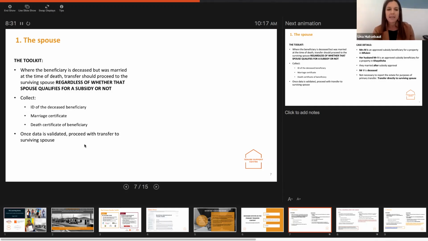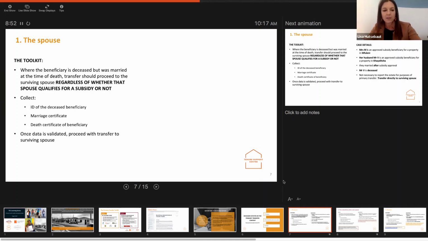So this process is a very simple one. Basically, what you would collect is the ID of the deceased beneficiary, the marriage certificate showing the valid marriage, as well as that approved beneficiary's death certificate. And on the basis of those documents, you can follow what we call our core process of transfer to that surviving spouse.